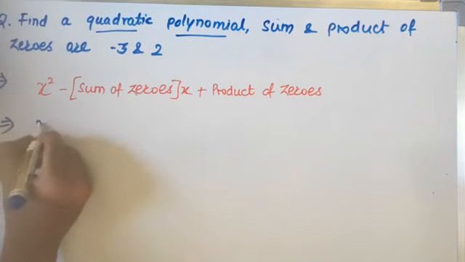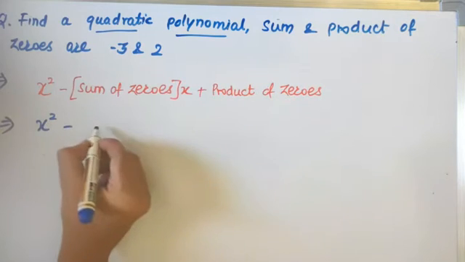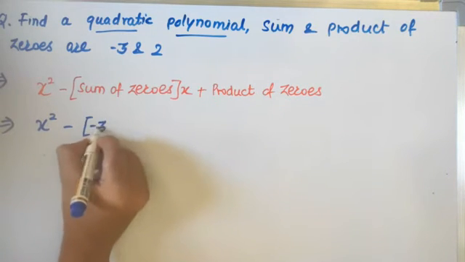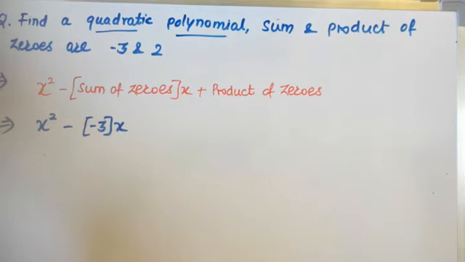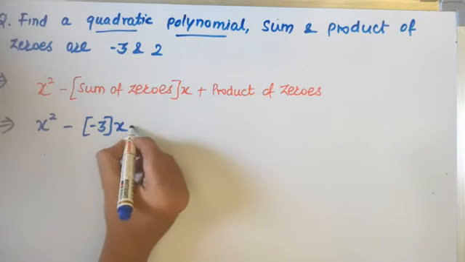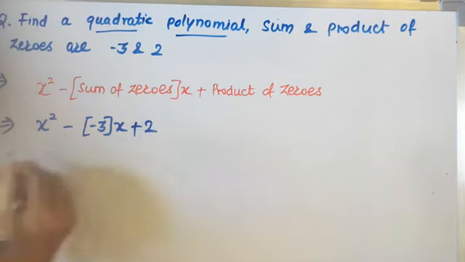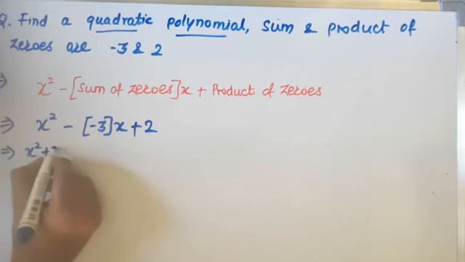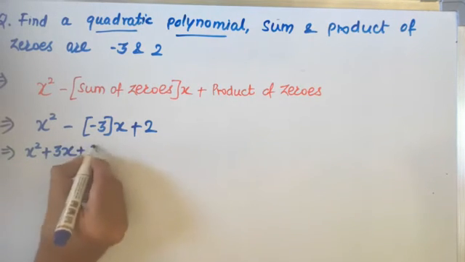So in this equation, sum of zeros is given, that is minus 3, and product of zeros is 2. What will the equation become? x square plus 3x plus 2.